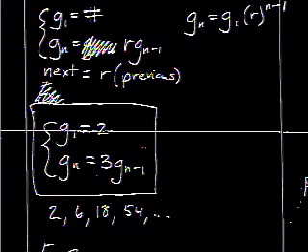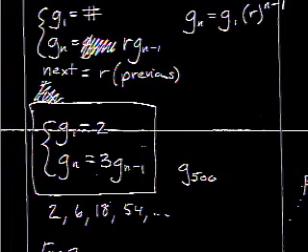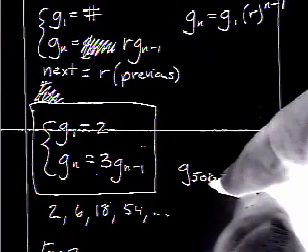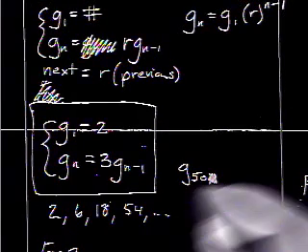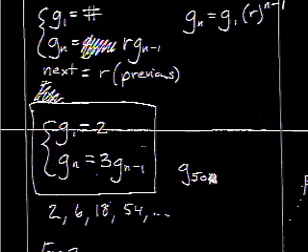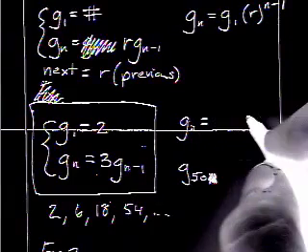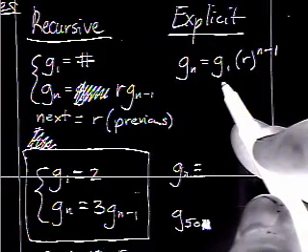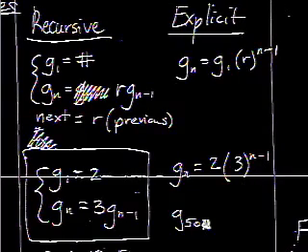Now, would I like that to be the one I use to find the 500th term? No, that is not what I would use. Besides, the 500th term would be rather large in this case. So I'm not even going to find the 500th term. Maybe the 50th term. I still would use the explicit formula, which says that the next term is equal to the first term, which here was 2, times the ratio to the n minus 1 power.